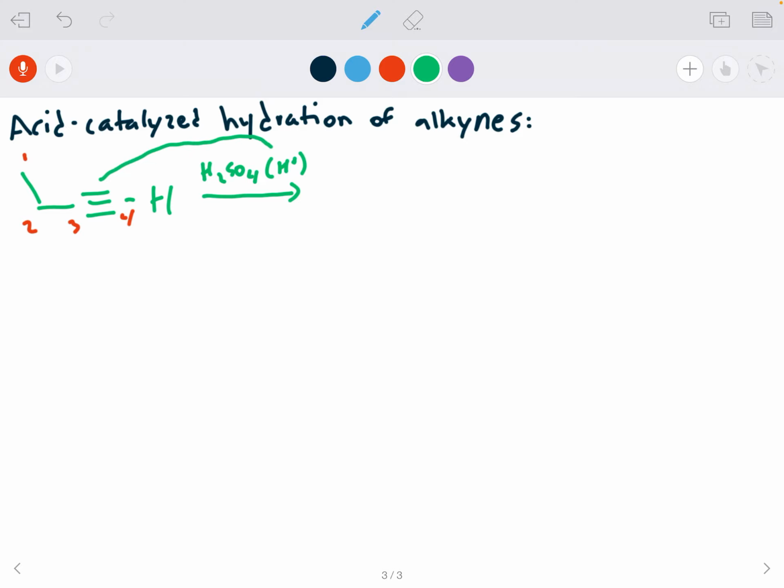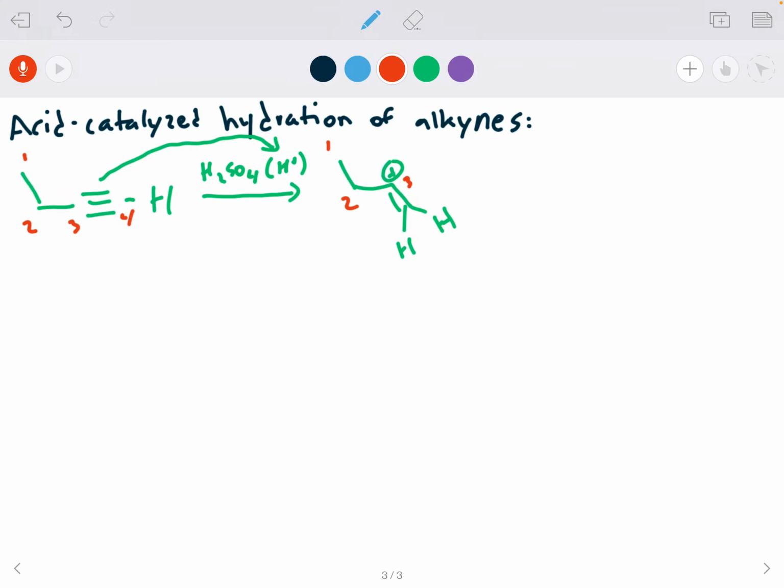And the triple bond comes and attacks the dissociated proton from the sulfuric acid. The hydrogen adds to the terminal position, leaving a positive charge at the other end.